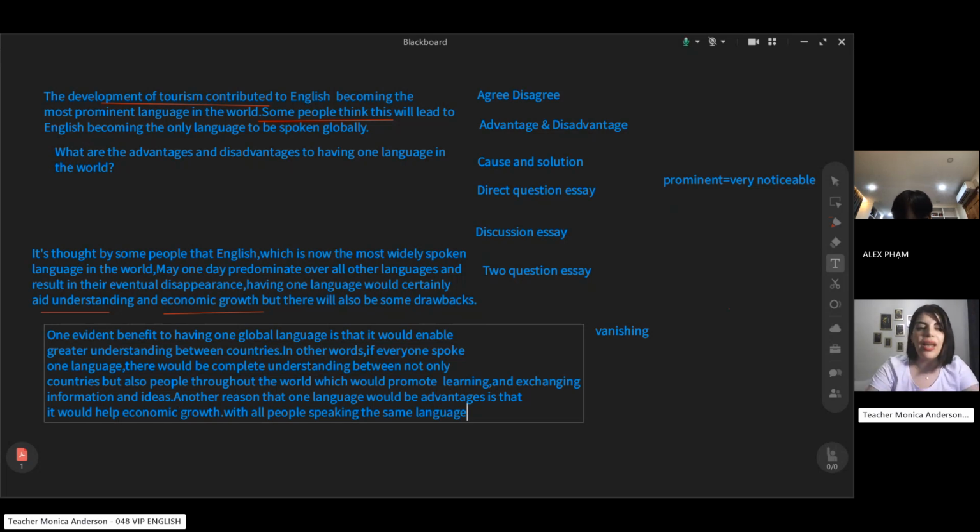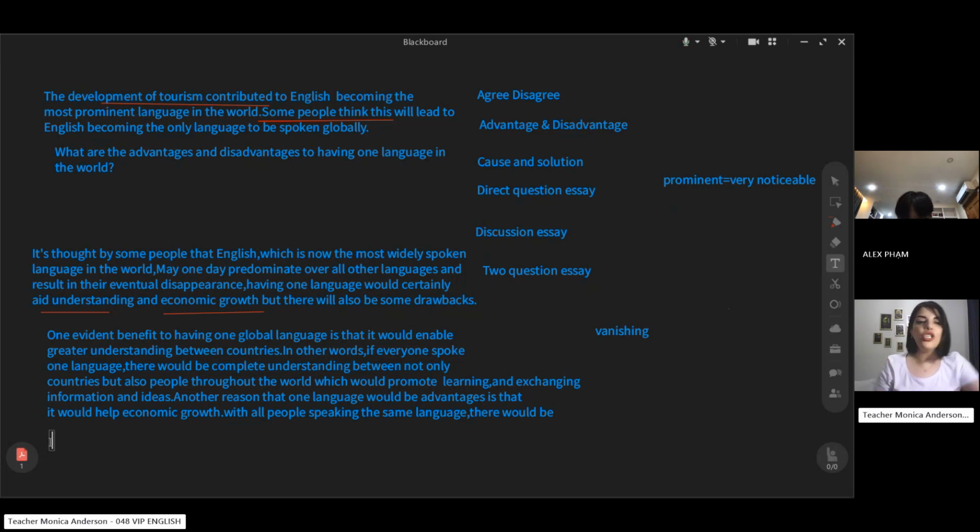Trade, for example, first of all, there would be fewer barriers. Because we all are the same, equal, without barriers, and therefore trade would be easier. It will be successful between countries.